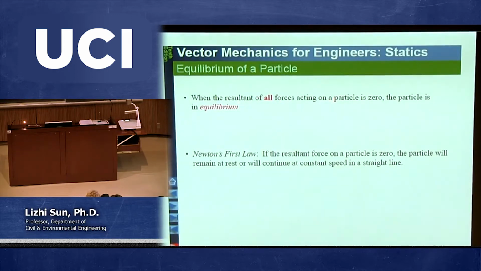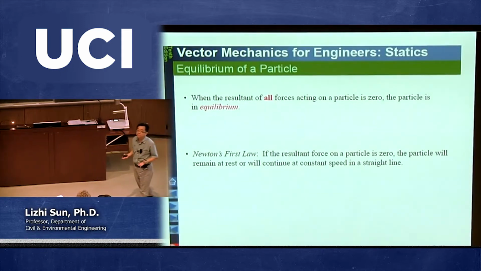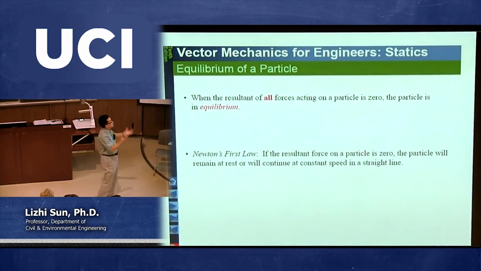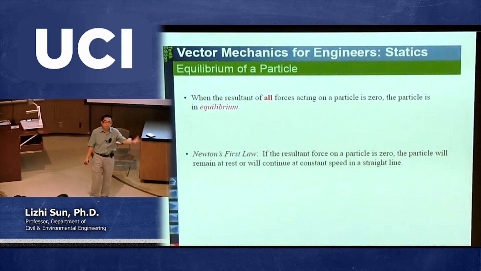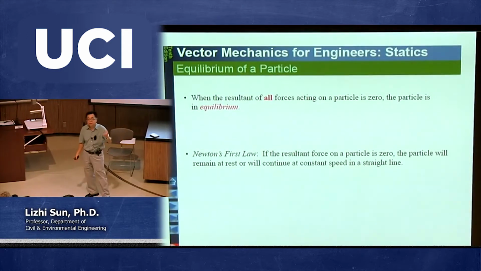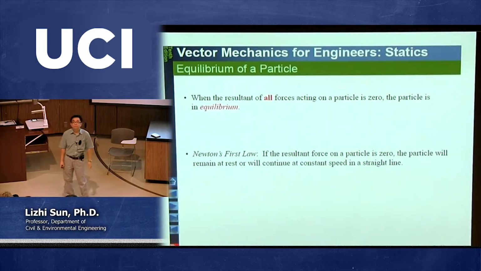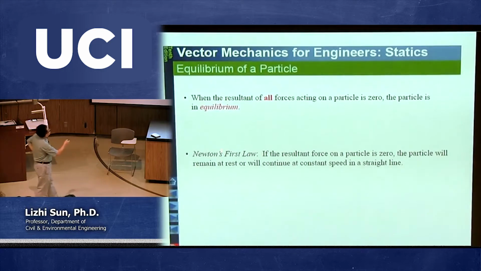If the resultant force equals 0, then you can reach this conclusion. But normally we go back. We have this conclusion first from our physical understanding. So if the system or the particle is in equilibrium, then we can conclude that the resultant force equals 0.